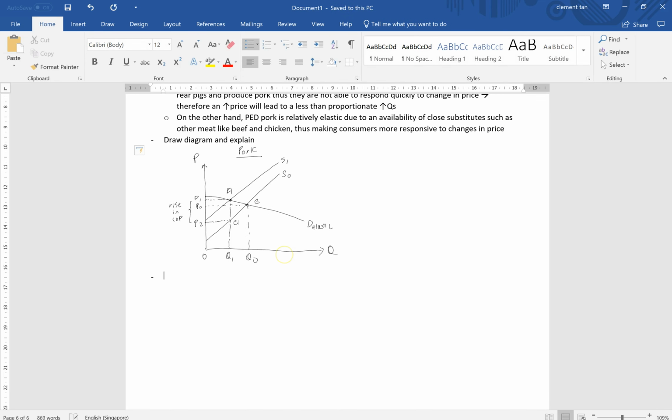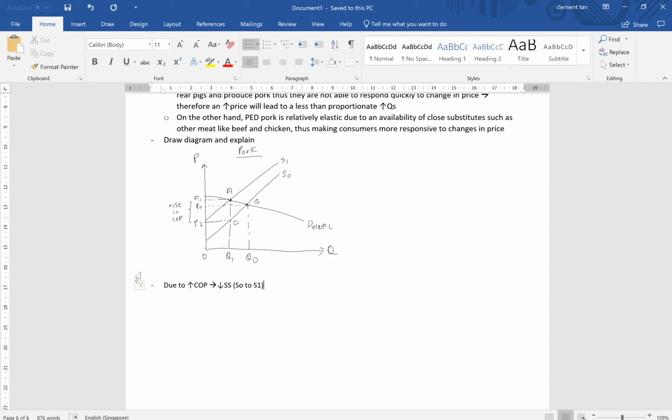So you explain the diagram. Due to an increase in cost of production, there is a decrease in profit, so you can say decrease in supply from S0 to S1.